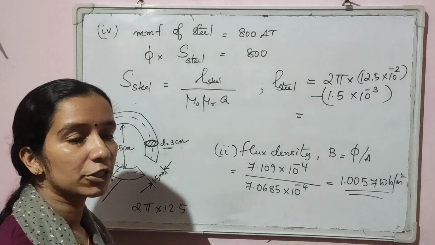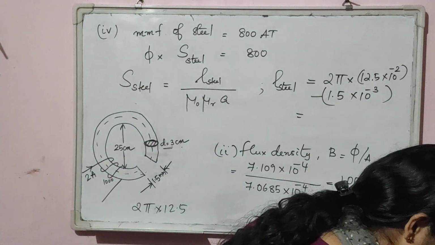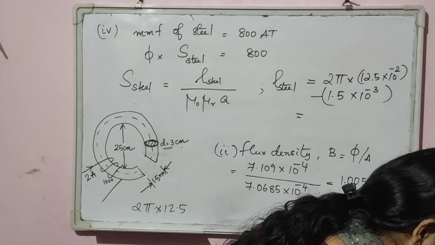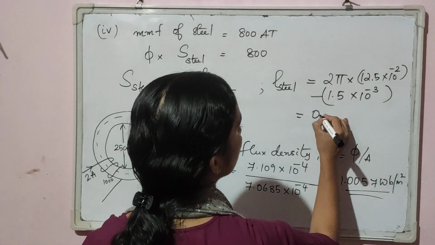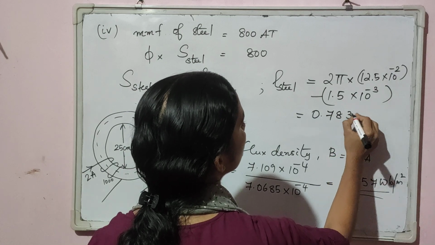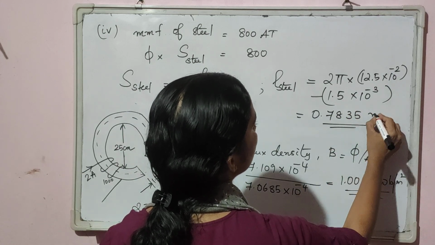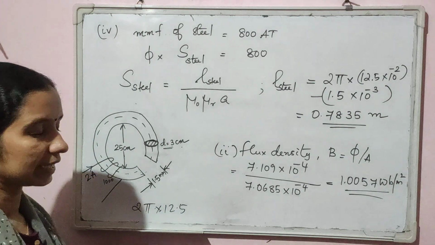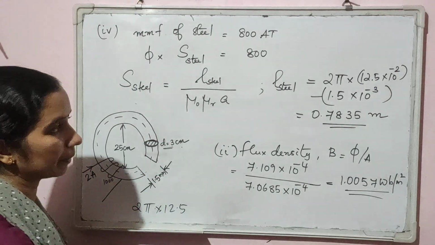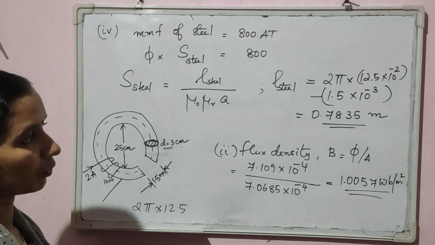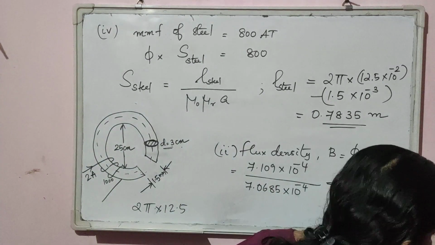On subtracting these two terms, we will get the length of steel, and it is equal to 0.7835 meter. This will be the length of steel, total circumference minus length of air gap.